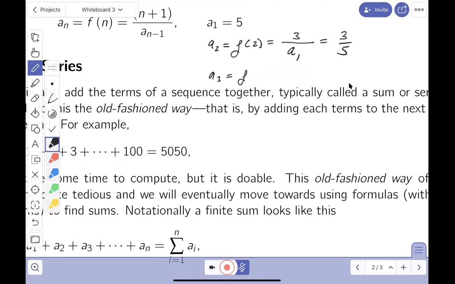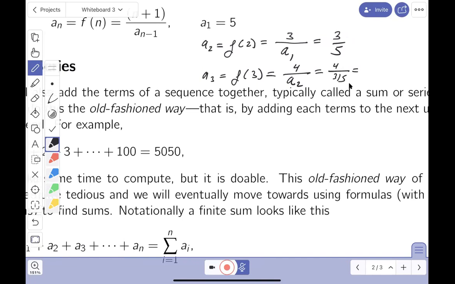Let's go to A3. It's still a function of n. What's n? 3. Well, what do you get on top? n plus 1. Well, if n is 3, you get 4. And bottom, what do you get? A of 3 minus 1, which is 2, right? Do you know what A2 is? It's the prior term. So what do you have here? 4 divided by 3/5. I'm going to do the arithmetic.